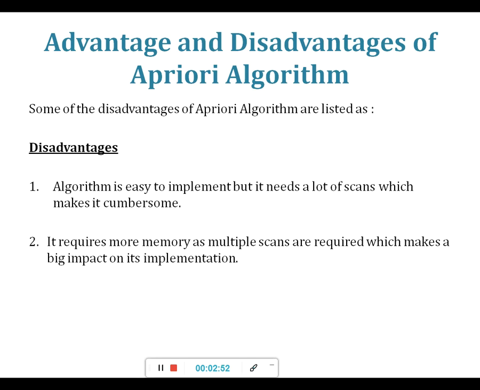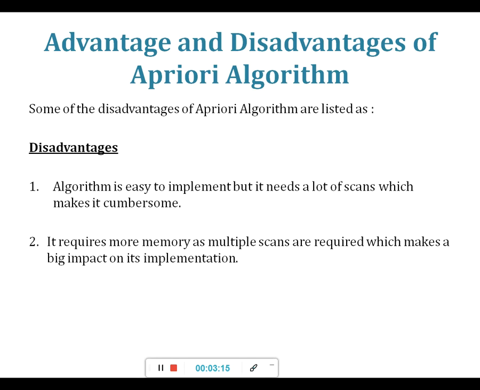Means we have different scans, checking whether items follow the minimum frequency count, and after that one more scan is required, which is nothing but checking for the subsets. For a particular item set, if we want to say whether it is frequent or not, then we need to check whether its subsets are frequent or not.